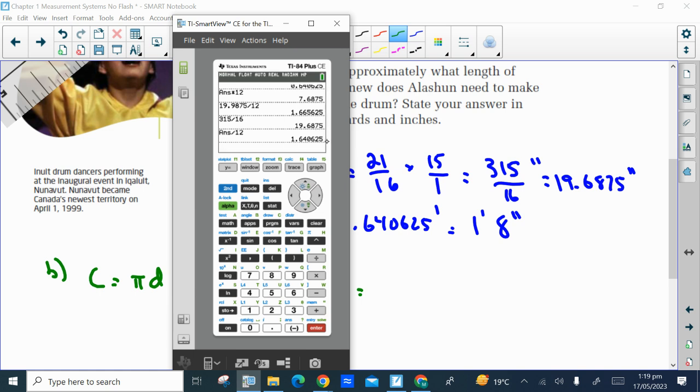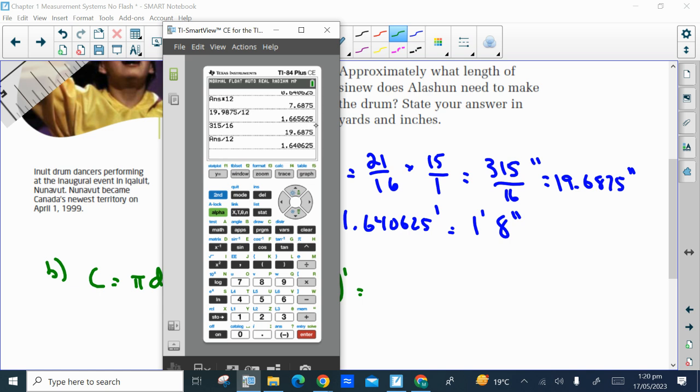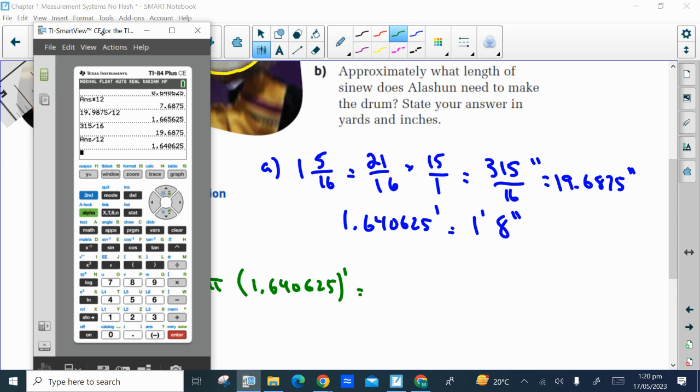I went 315 over 16, which is 19.6875. That's what I have on my calculator. It says 6875. I typed it in wrong there, but I'm not using that. I'm using this right here, which is correct. So it's 1.640625. So that is right.